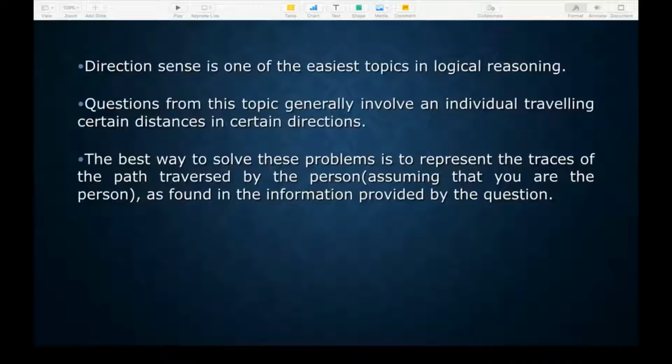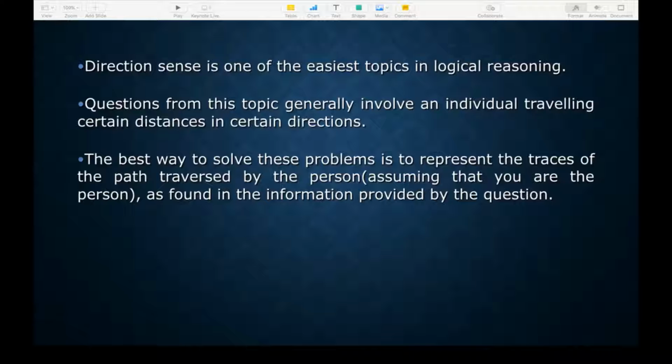Now, what type of questions do you get here? Questions from this topic generally involve an individual traveling certain distances in certain directions, and we simply need to find out the final direction in which the person is moving, or the total distance covered by the person in the given scenario.